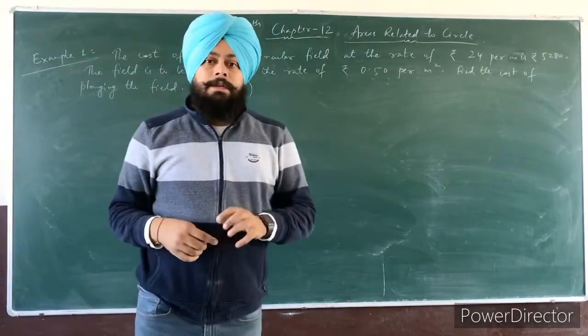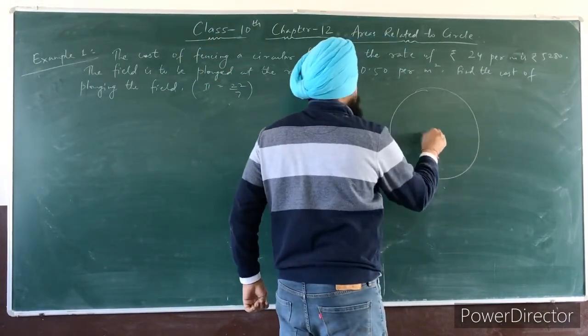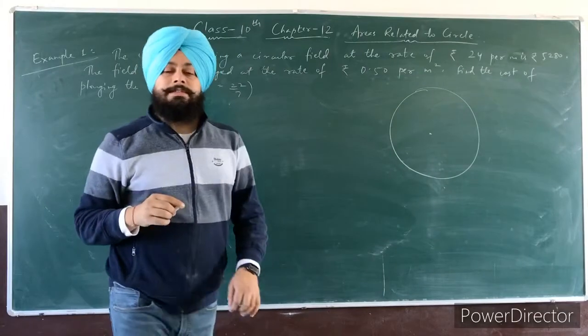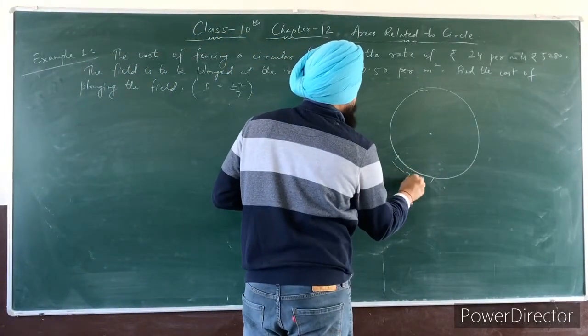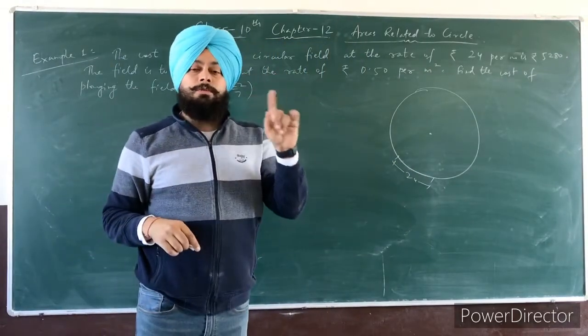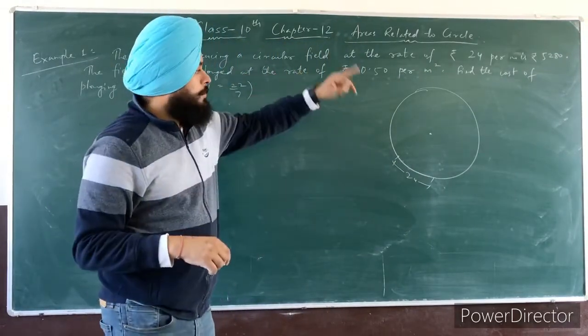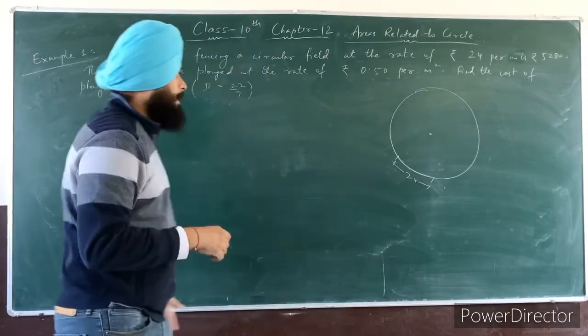So there is a circular field and the cost of fencing is given per meter, that is rupees 24. Per meter cost is rupees 24 and the total cost of fencing is also given, that is rupees 5280.